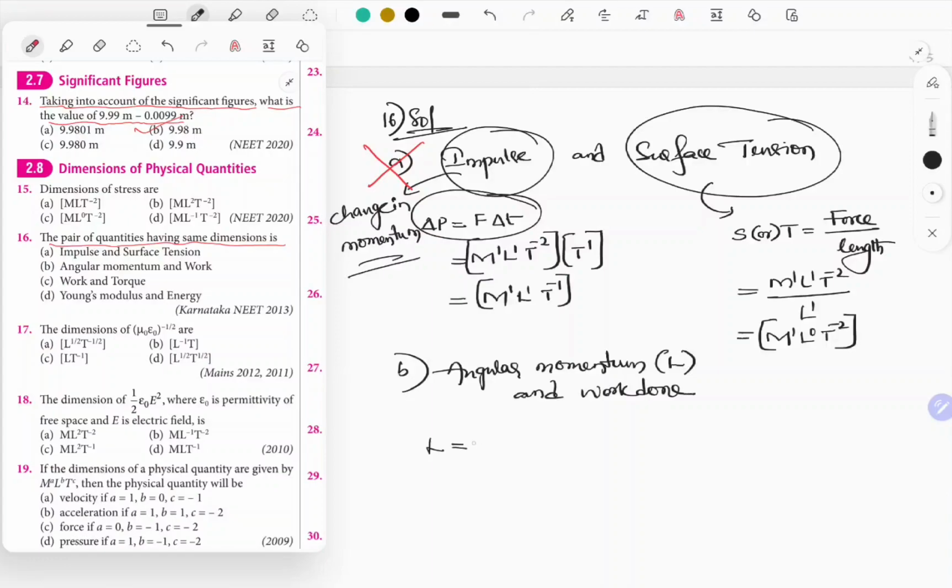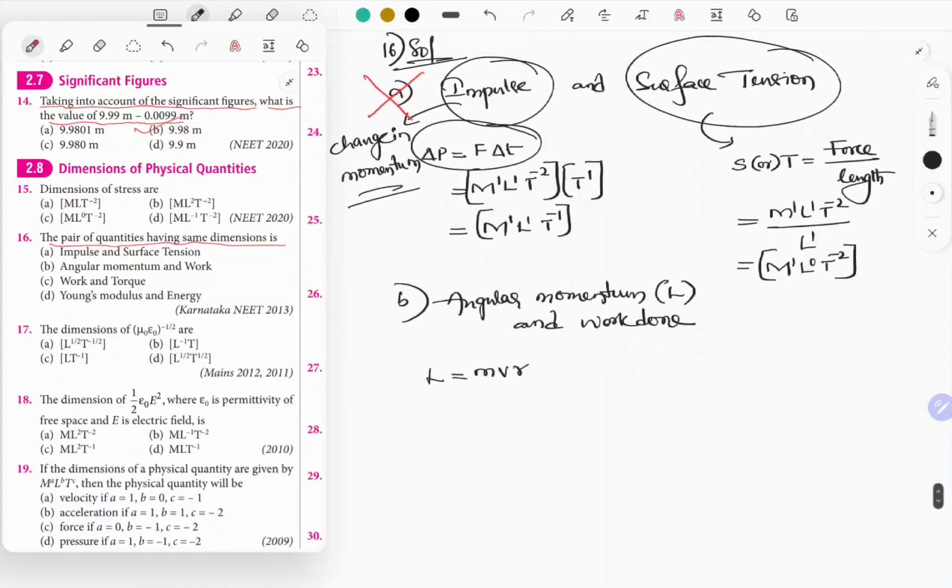The formula for angular momentum of a point mass is mvr sin theta. Sin theta is dimensionless, we know that. Let me represent the dimensional formulas. Mass dimensional formula is M power 1. Velocity dimensional formula is L power 1, T power minus 1. r is the distance of the particle from the axis of rotation or from the center of the circular path.